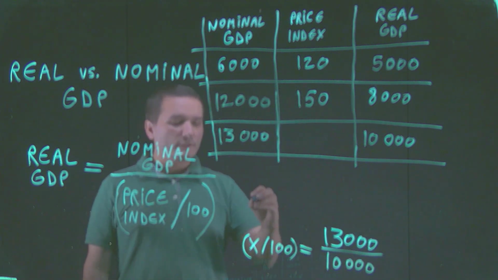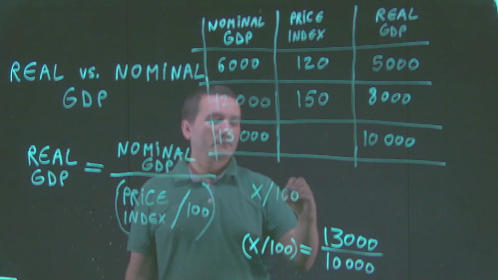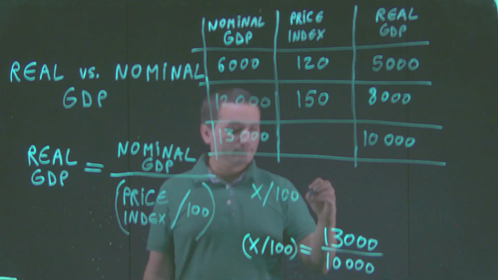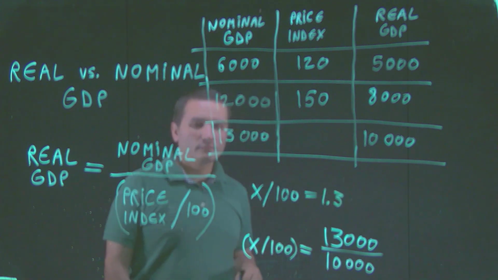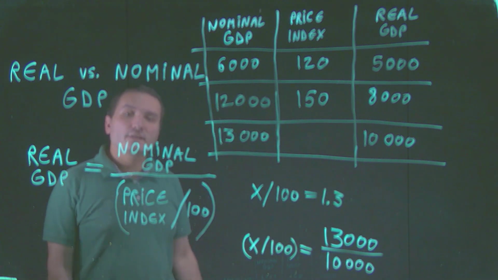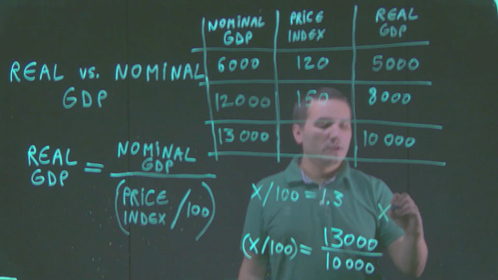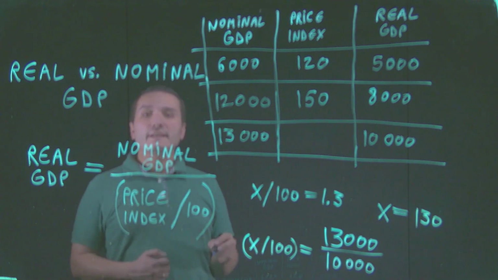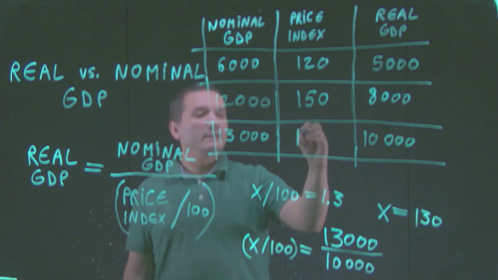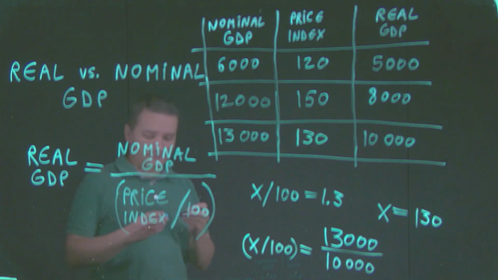In other words, x over 100 is equal to 1.3. Which means that x is equal to 1.3 times 100. In other words, x is equal to 130. And there we go. The price index in this case is 130. That is the answer.